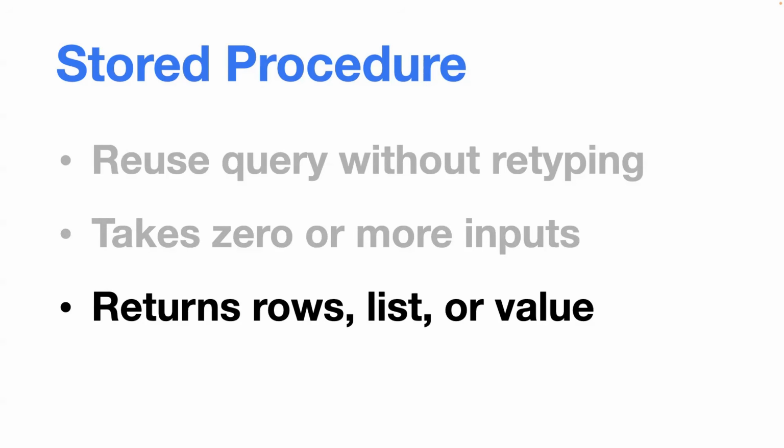So it can return a result which consists of a list of rows, or a list of values, or even just a single value, right? Any statement that you can run in the workbench can become a stored procedure. And that's basically what a stored procedure is.